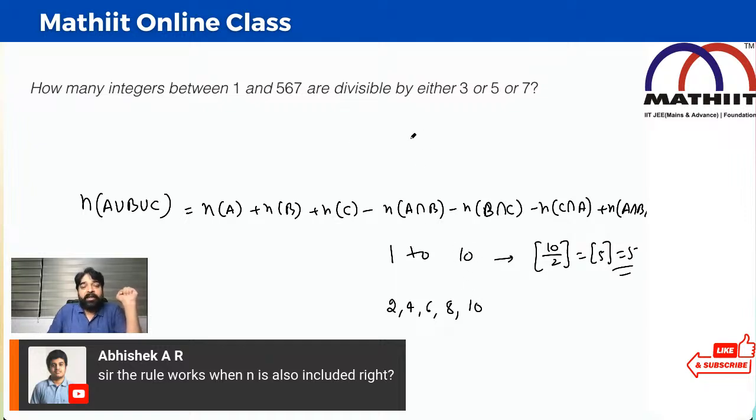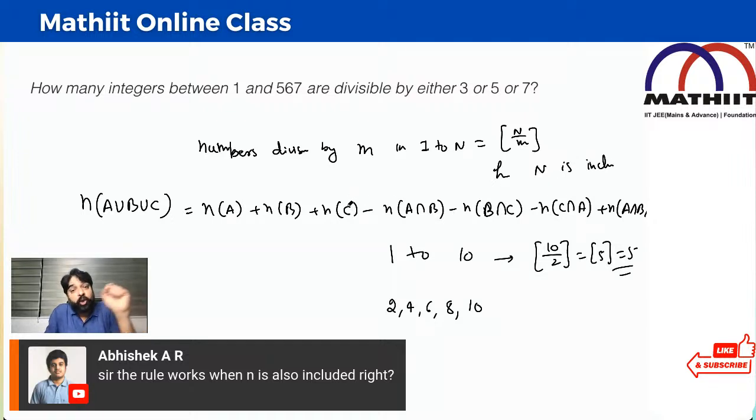Whenever we say the count of numbers divisible by m in 1 to capital N is equal to the greatest integer of n by m, here n is included. From 1 to n I said, everything is included. I'm sure now it's clear to you.